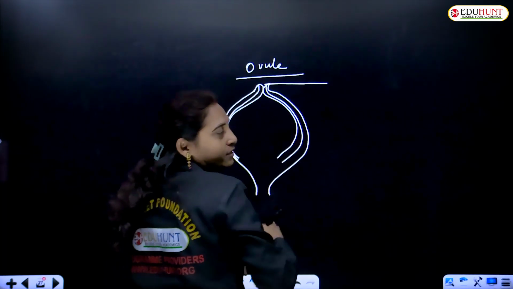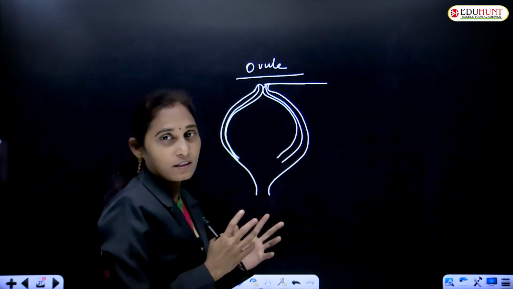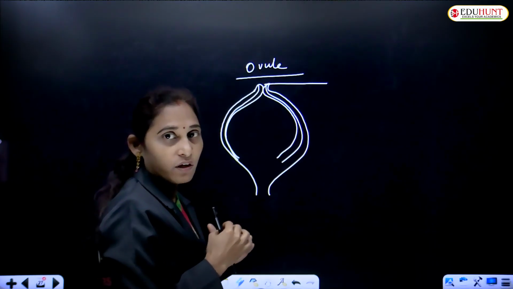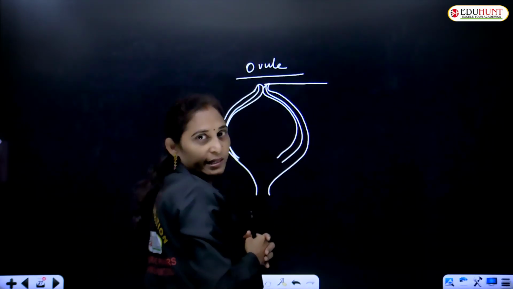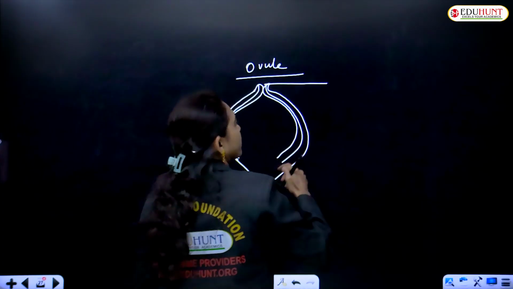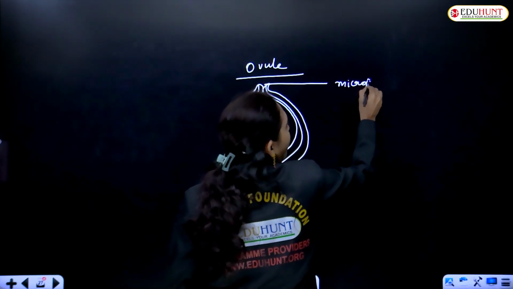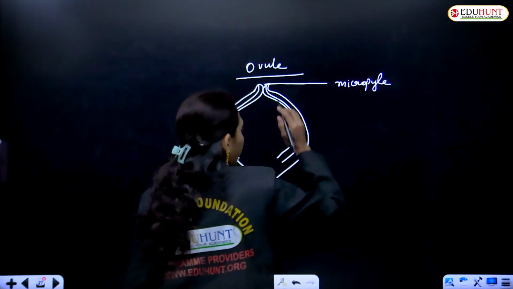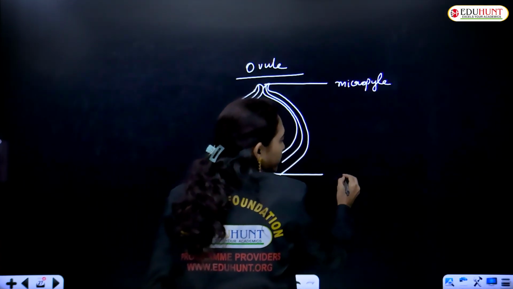At the apical region, the integuments, which are the covering of the ovule, leave a small opening called the micropyle. Opposite to the micropyle, there is a region called the chalaza.